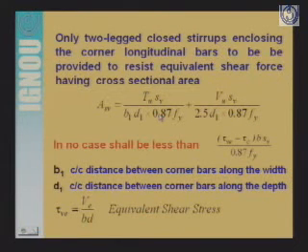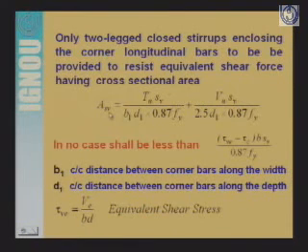That is the requirement, and the condition is that only 2-legged closed stirrups, and that too with the rider that they should enclose the corner longitudinal bars. So these are some important things: only 2-legged closed stirrups should be there, they should enclose the corner longitudinal bars, and this cross-sectional area should be provided to resist the equivalent shear.